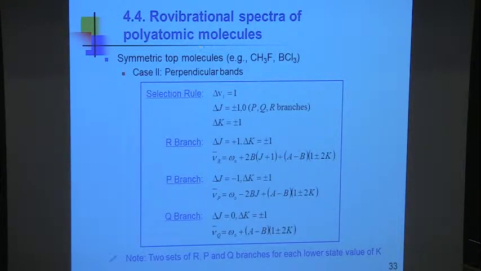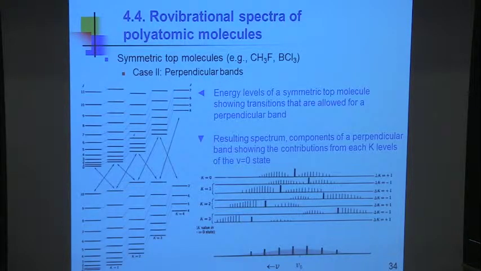Okay, so I didn't make this clear. When we did the symmetric tops, there's the parallel, which is pretty simple. When you go to the perpendicular, you have one more level of complexity, and that's why we begin to see this complication here. The same sort of thing, you can plot these individual things for different individual values of K, and the allowed J's. You can add up all these lines and then plot it this way.